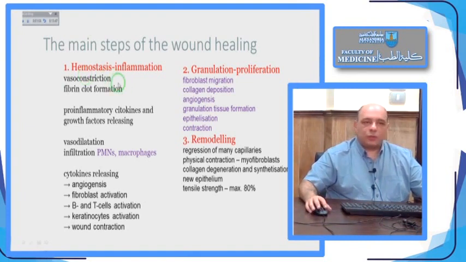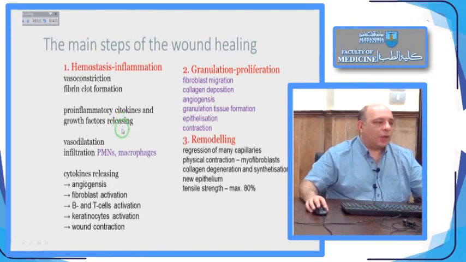You already know that hemostasis starts with cutting injury, bleeding, then blood vessel constriction, trying to stop the bleeding vessel, then platelet activation, the coagulation cascade happens, then clot formation, and this is the end of this stage. Together with it, at the same time, you have the inflammatory stage.